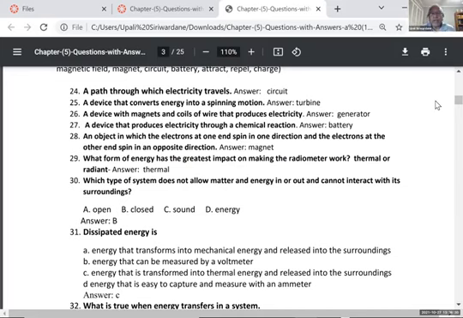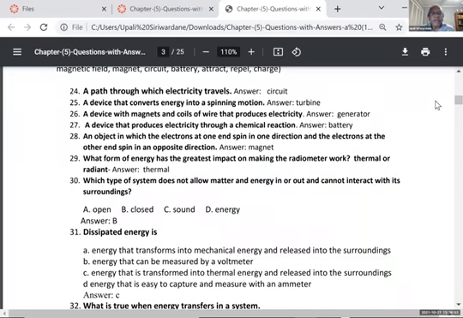A device with magnets and coils that produces electricity is called a generator. A device that produces electricity through a chemical reaction is called a battery. A device that converts chemical energy to electrical energy is a battery. We call it a galvanic cell sometimes.